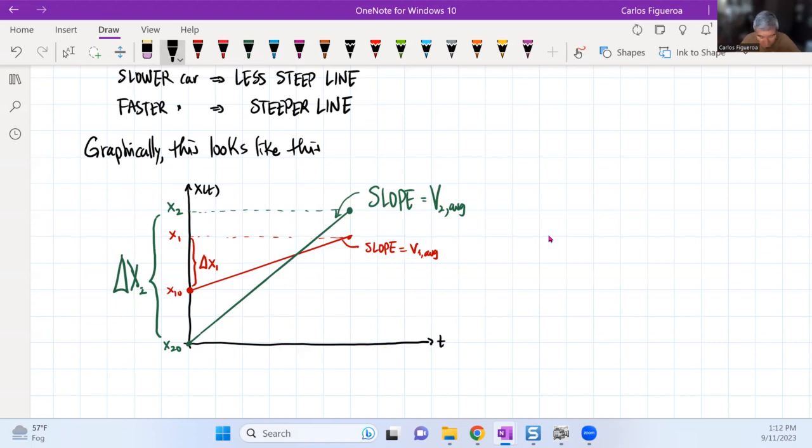Not a good thing. Now if I look at the motion diagrams for this, these two have the same meaning. If I look at this one, I could say that I have dots like this.